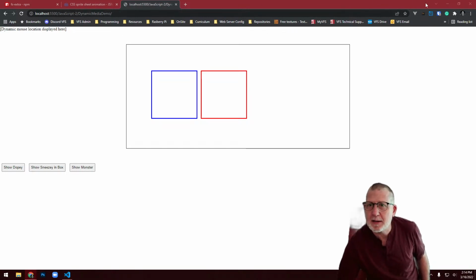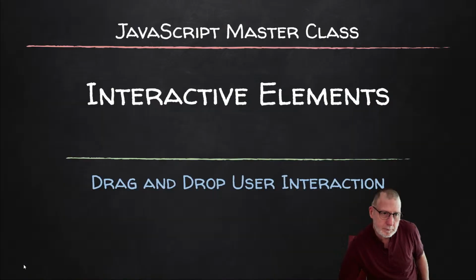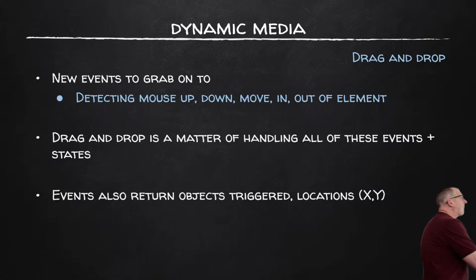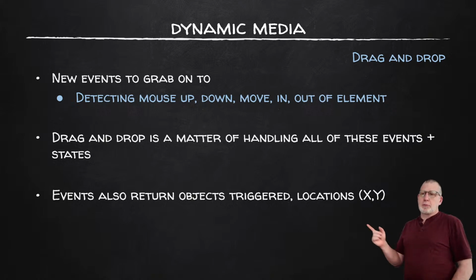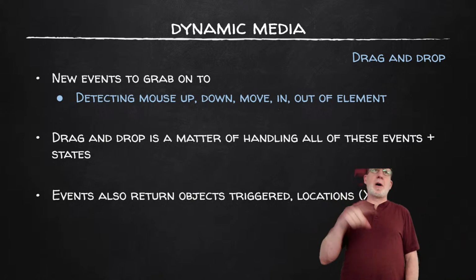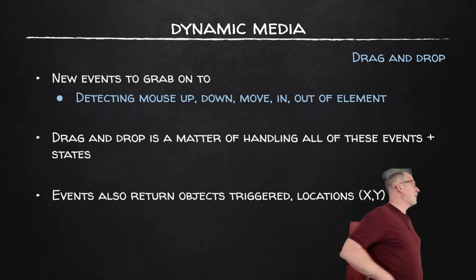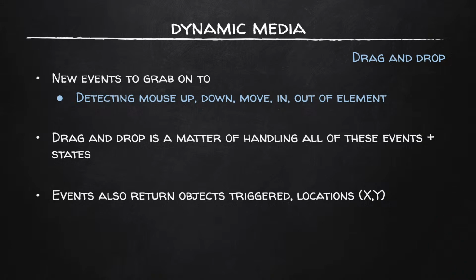Okay, so how does that actually work and fit together? Well, you have to detect a bunch of things. So, when is the mouse up and moving around? Where is the mouse? What's the mouse on top of? When do I click down on the left mouse button?